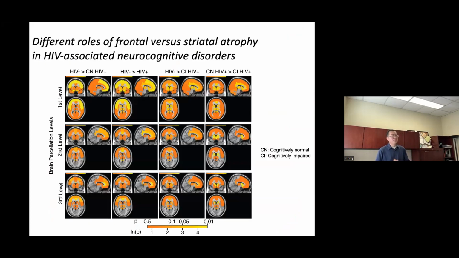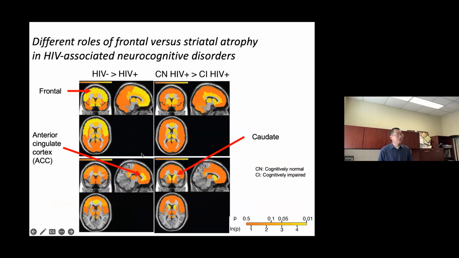So what we found here is interesting. I'm going to skip this figure because it's a little bit too busy. Let's focus on this one. The first contrast we did is control versus patients. What we found is that across all studies, across all the literature, the frontal region seems to be more likely to be affected in the patient population.